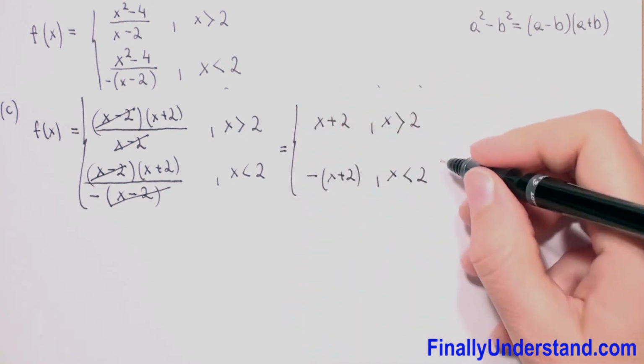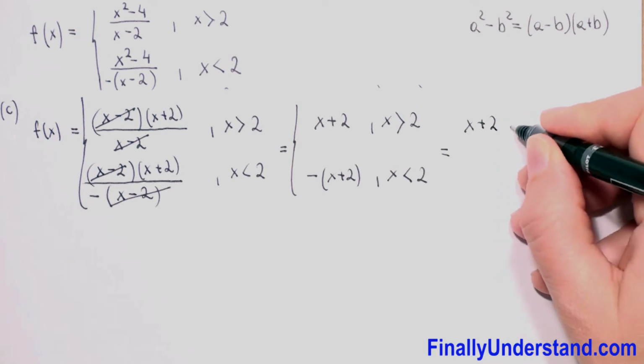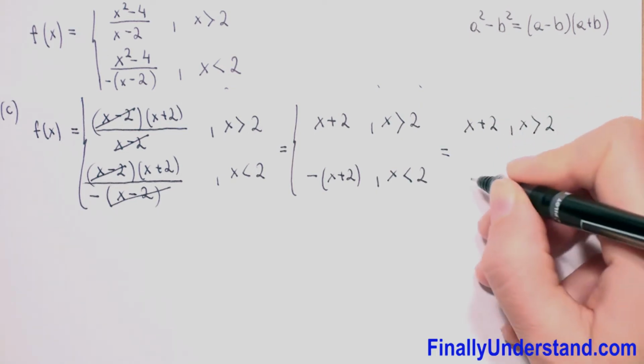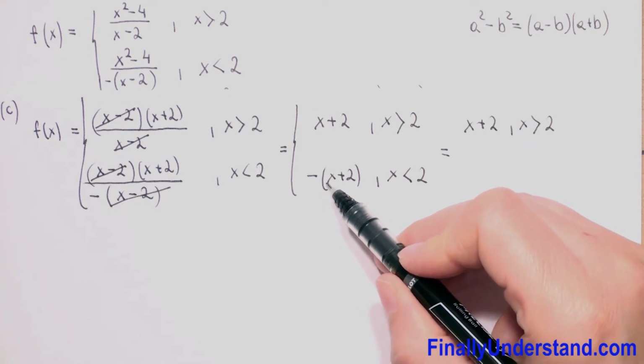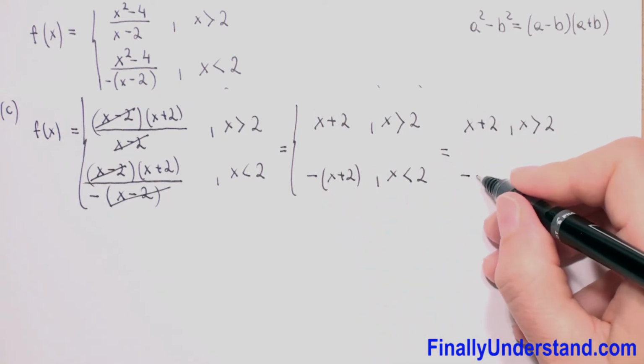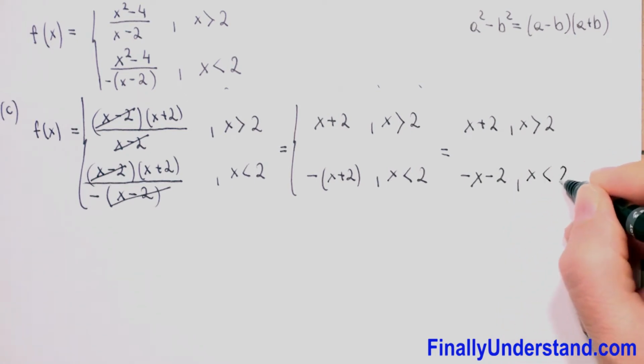So we can rewrite this one more time. It will be x plus 2 for x greater than 2, and this negative sign changes the sign in parentheses, so it will be negative x minus 2 for x less than 2.